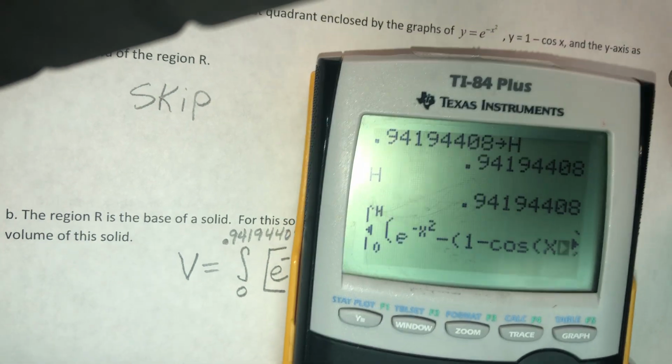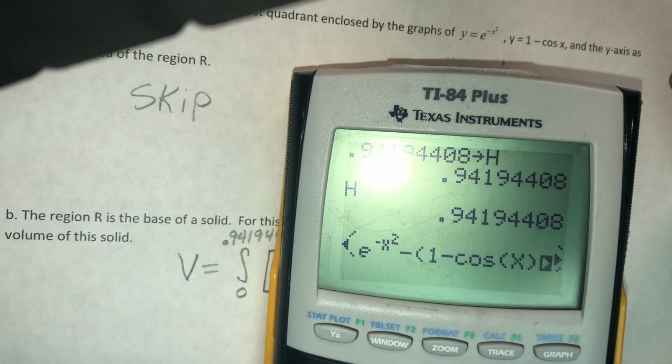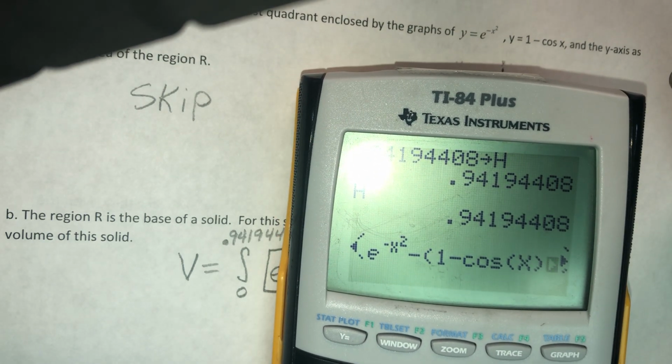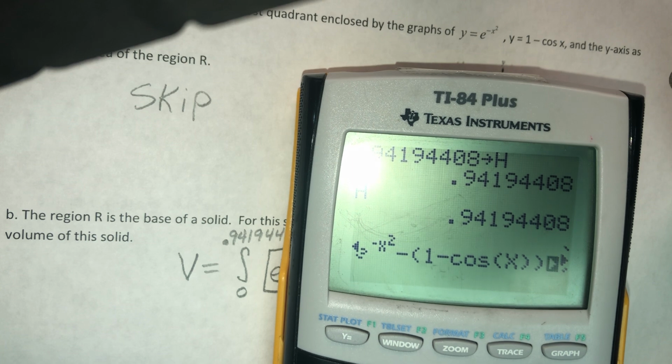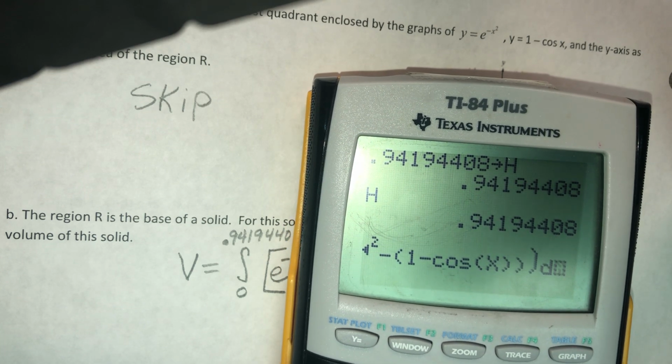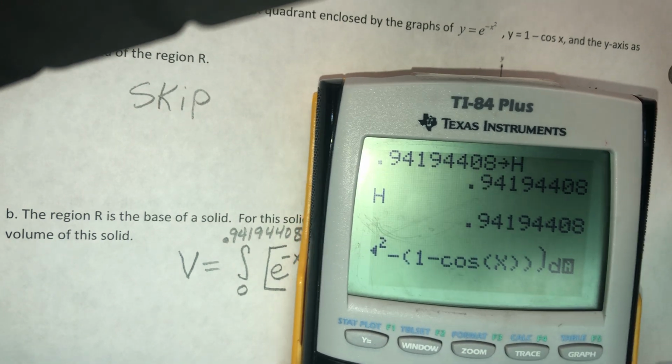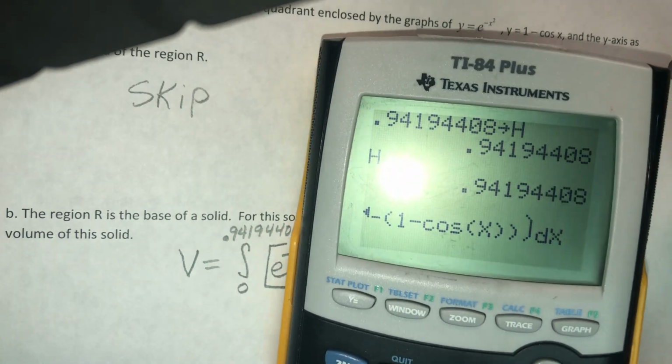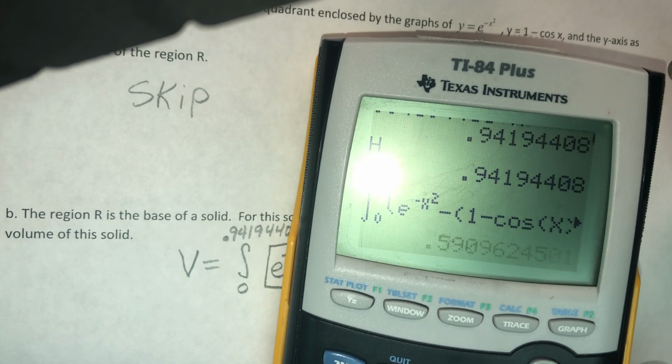Close the parentheses on the argument of the cosine. Close the parentheses around the 1 minus the cosine of x. And then there was already a built-in parenthesis for my integrand, dx. Enter.